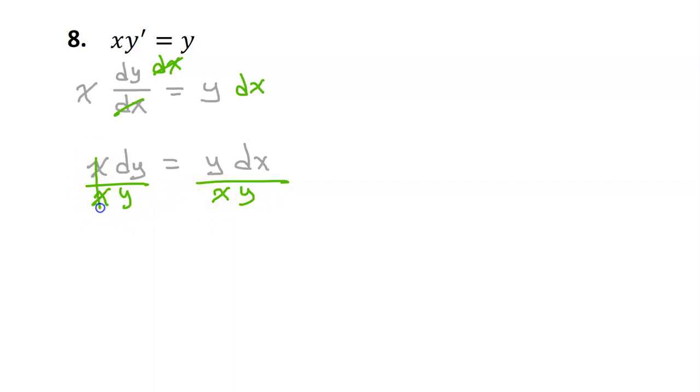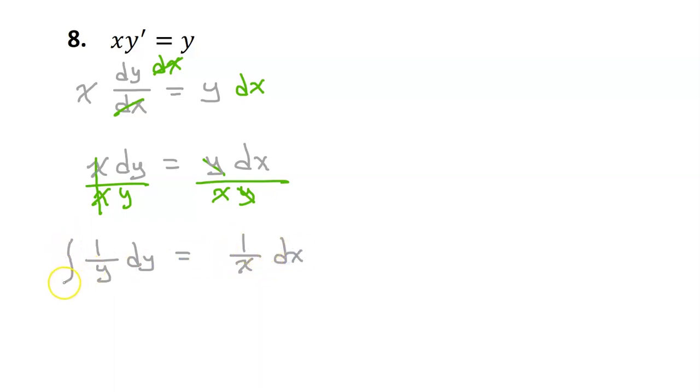So let me just show that. These x's will cancel out, and these y's will cancel out. So on the next step, I will have 1 over y dy is equal to 1 over x dx.